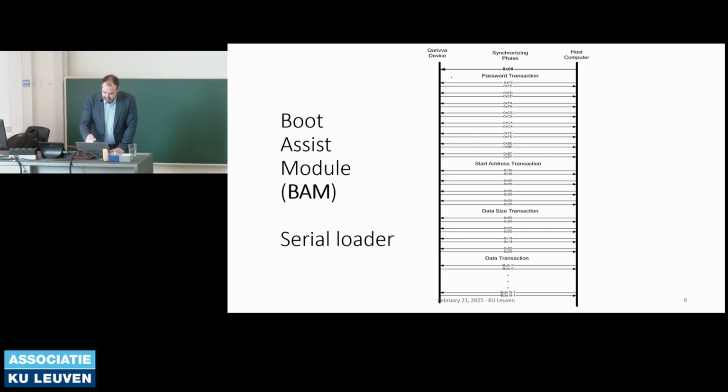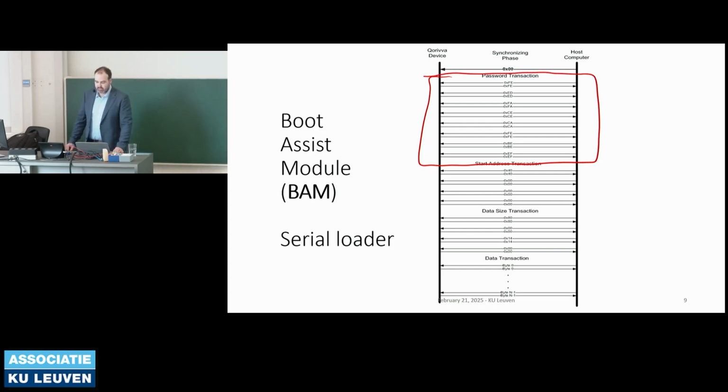To protect it for security, they have a password. This password, you load in one byte at a time. You load in one byte, and if the password's correct, it's going to load your second stage bootloader, which lets you extract data from the device. So this is how they protect their whole system.